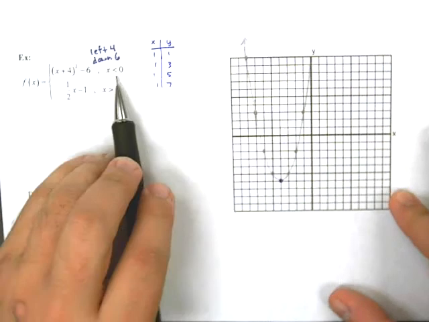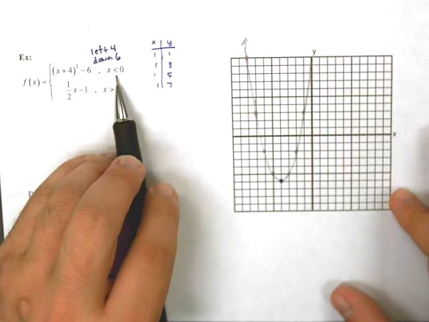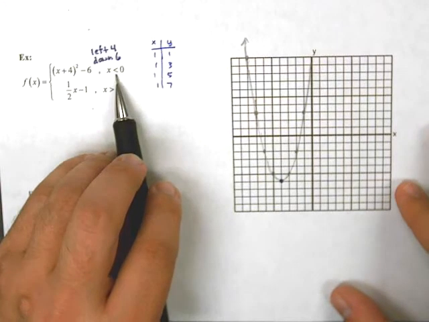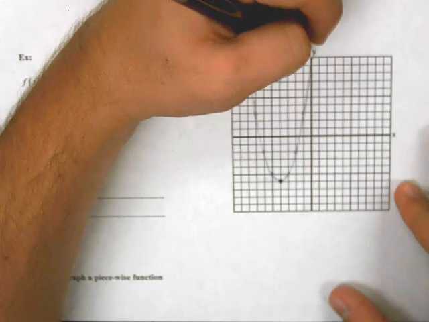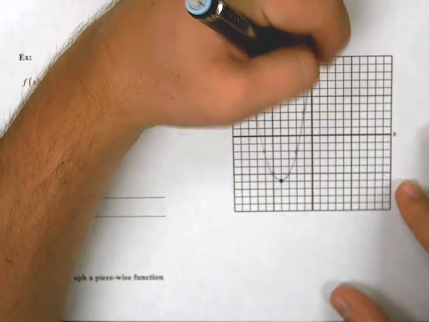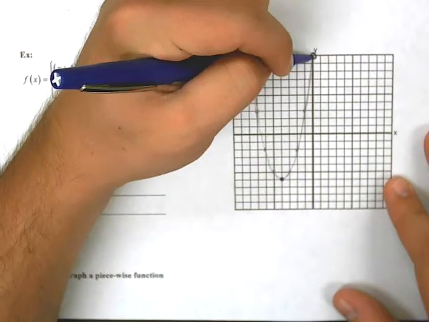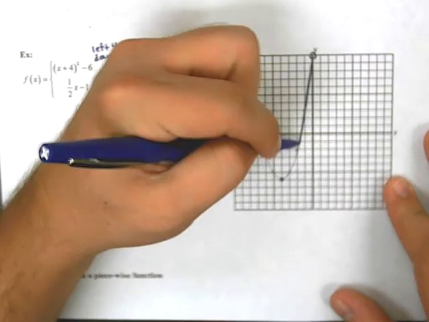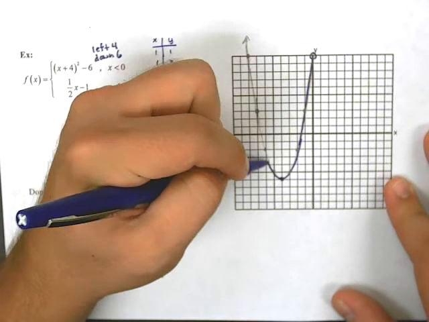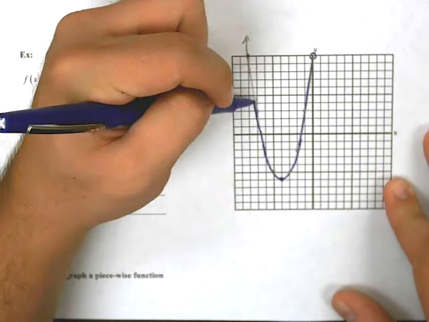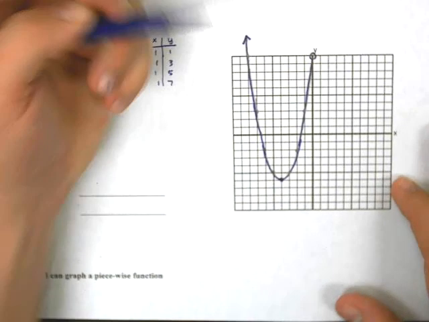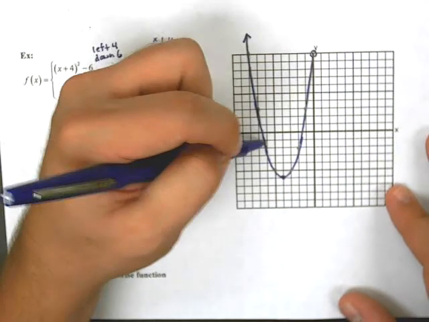And what type of marking do I put at x equals 0? Do I put an open or a closed? I put an open circle. And now I can draw this section of the graph. Not my best parabola, but it'll do.